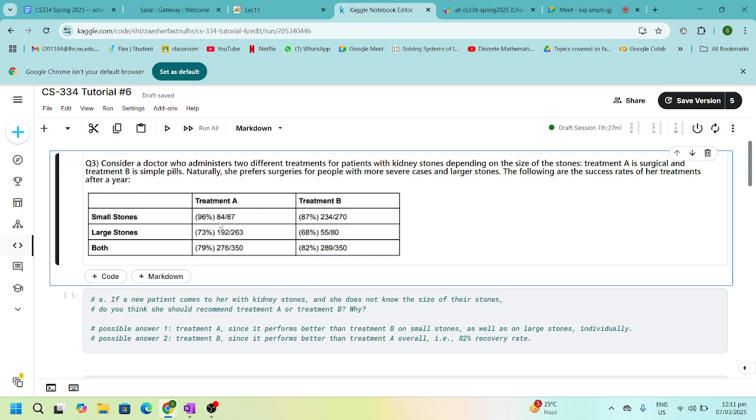See, the thing is, the distribution across treatment A and treatment B across different stones is not exactly even. Right over here, I can see that only 87 people with small stones were given treatment A and 270 people with small stones were given treatment B. On the other hand, most of the people with large stones, 263 in total, were given treatment A, and a smaller proportion of them were administered treatment B. What can we understand from here?